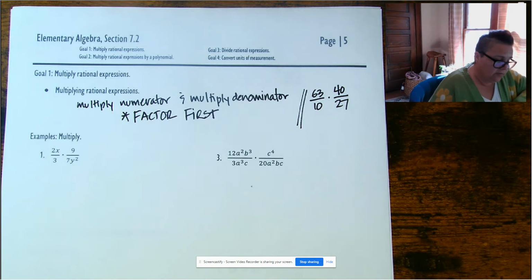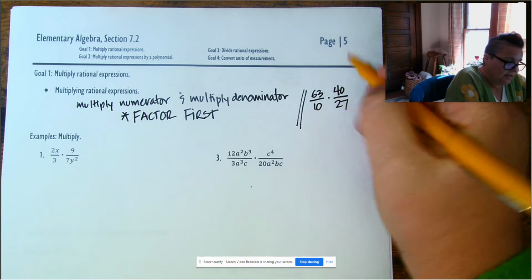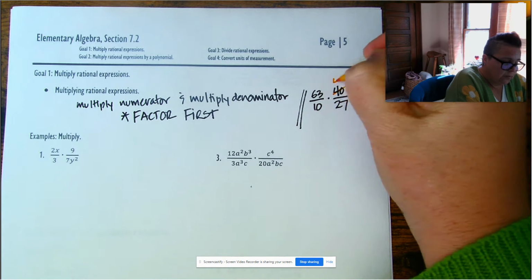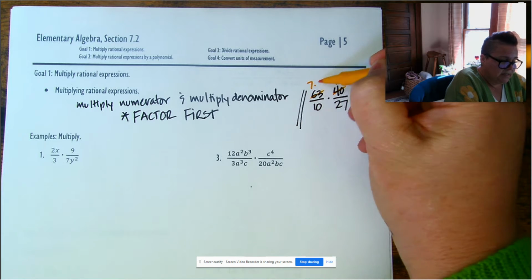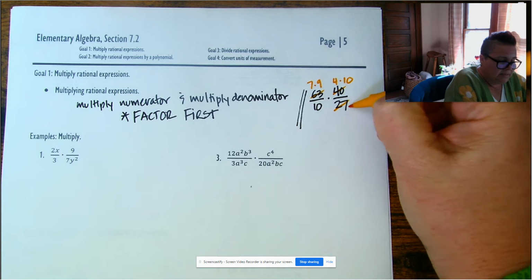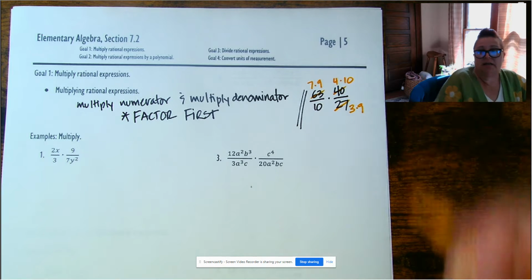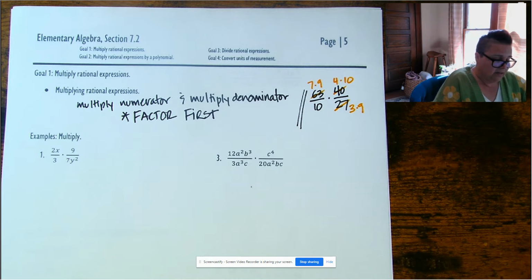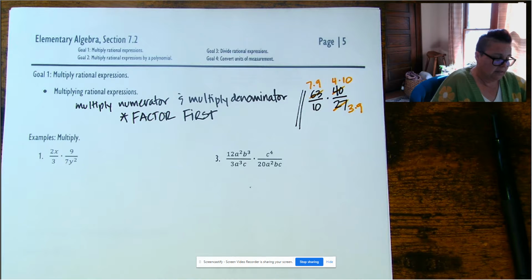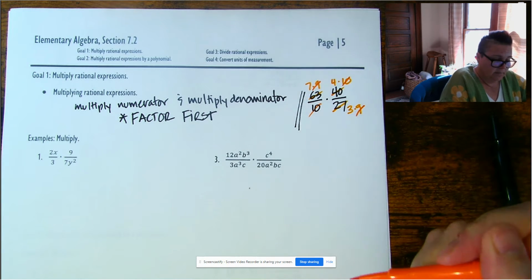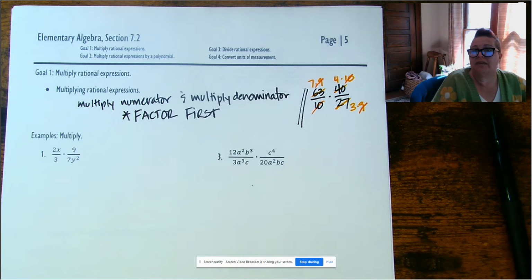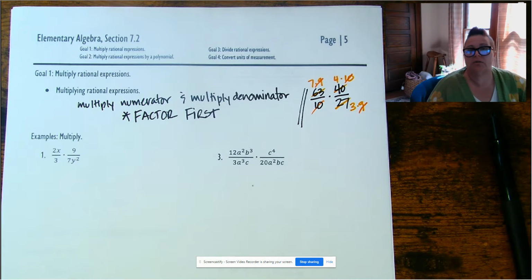It is much more efficient if you realize that 40 is 4 times 10, that 63 is 7 times 9, and that 27 is 3 times 9. Then you can start canceling the 10 with the 10, the 9 with the 9, and you can get to an answer with much smaller numbers.